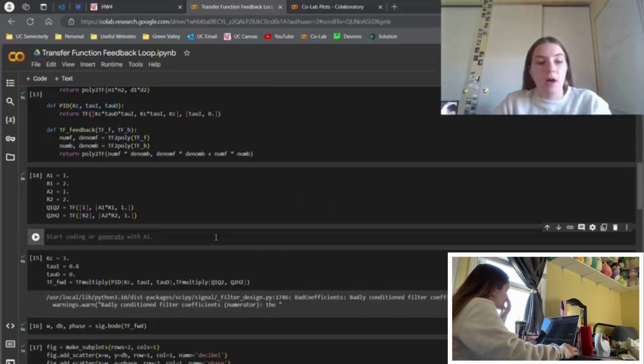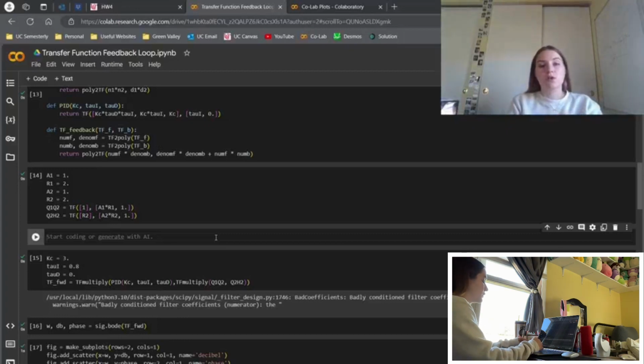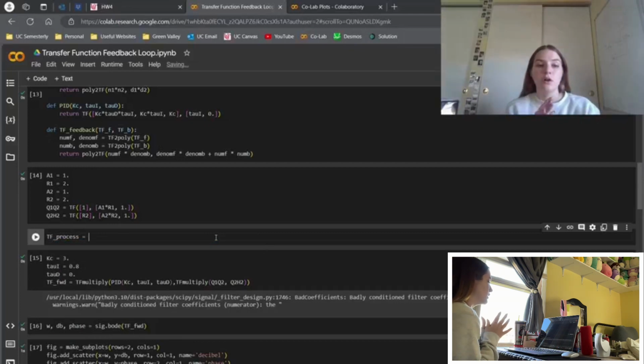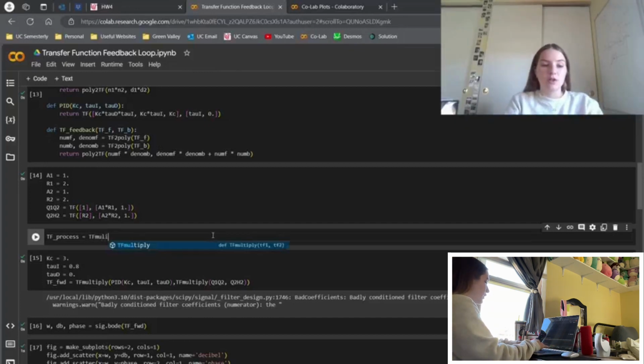So we are going to start out by creating a transfer function for our GP. We're going to name this our TF process. So this is the transfer function of our GP value that we were talking about on the whiteboard. So we're going to use the TF multiply function that we already created in this code.